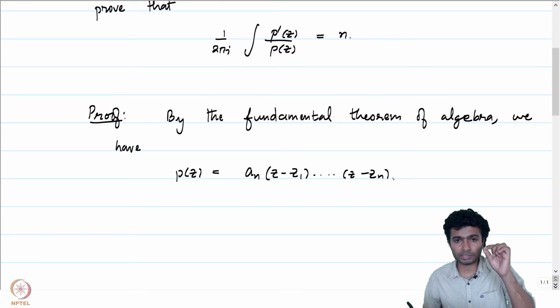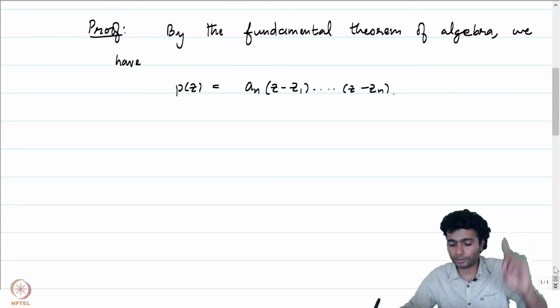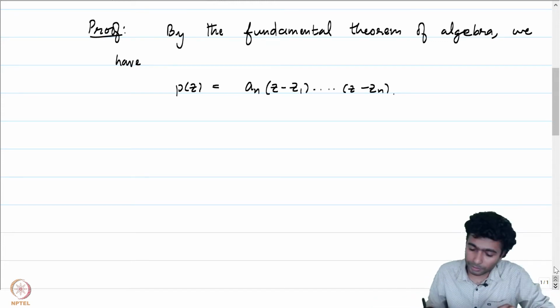Remember that our polynomial has degree n, so the leading coefficient a_n has to be non-zero. So this a_n is exactly the leading coefficient if you go back and look at the proof of the fundamental theorem of algebra.